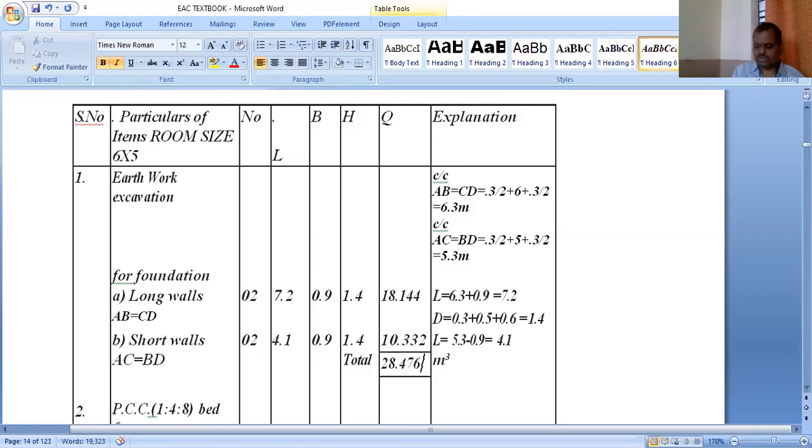In this manner, we have to just go on calculating the quantities of the earthwork for the long wall and the short wall. In the last problem, the dimensions were different. In this problem, we have taken totally different dimensions.